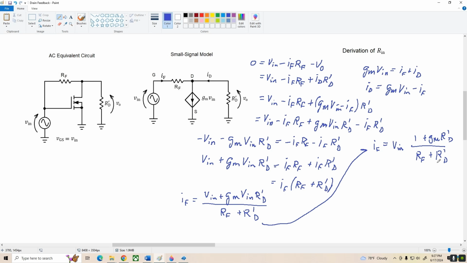This is a tough one, I know that, and if you find this cryptic, I sympathize with you, but we're almost there. What we're going to do next is jump back over to our circuit and think about this for a second.